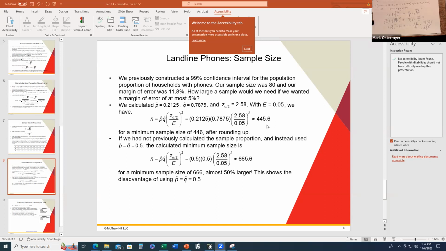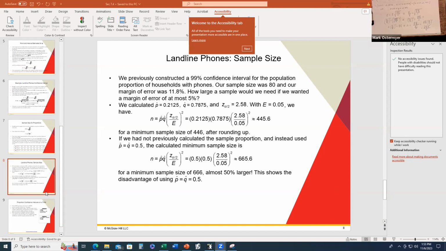So again, the moral of the story is if you know the sample proportion, by all means, please do use it. That will ensure that your sample size is of minimum value. If you don't know p hat, and you have no choice but to assign 0.5 to both p hat and q hat, which means that your sample size is probably going to be inflated.